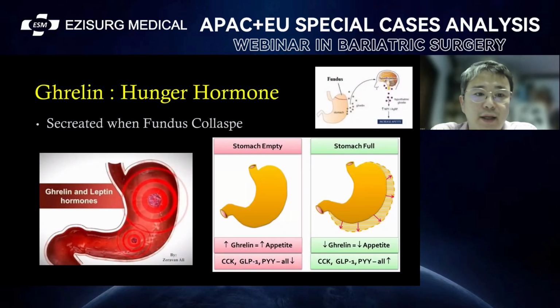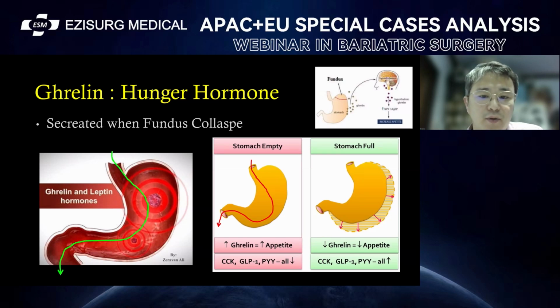We know that ghrelin is the hunger hormone that is secreted from the fundus. This is the main pathophysiology that makes people gain weight. The second is the angulation of the antrum and the pylorus, which makes the fundus dilate.